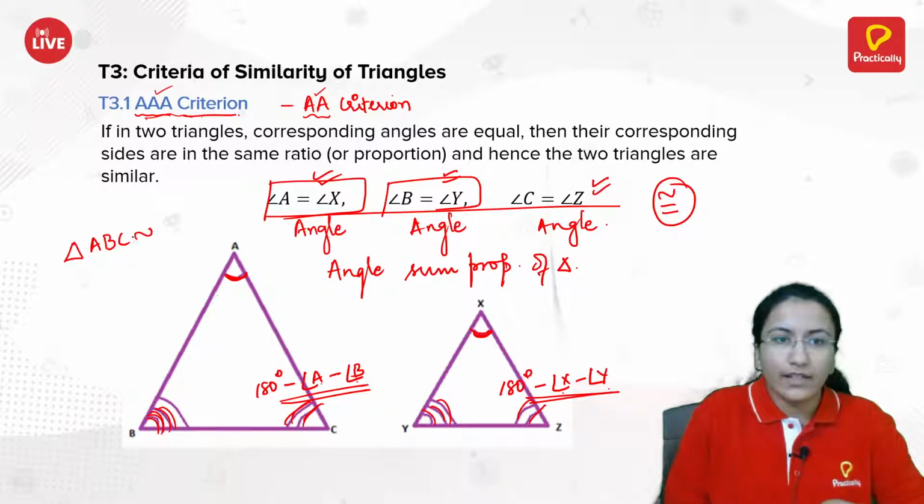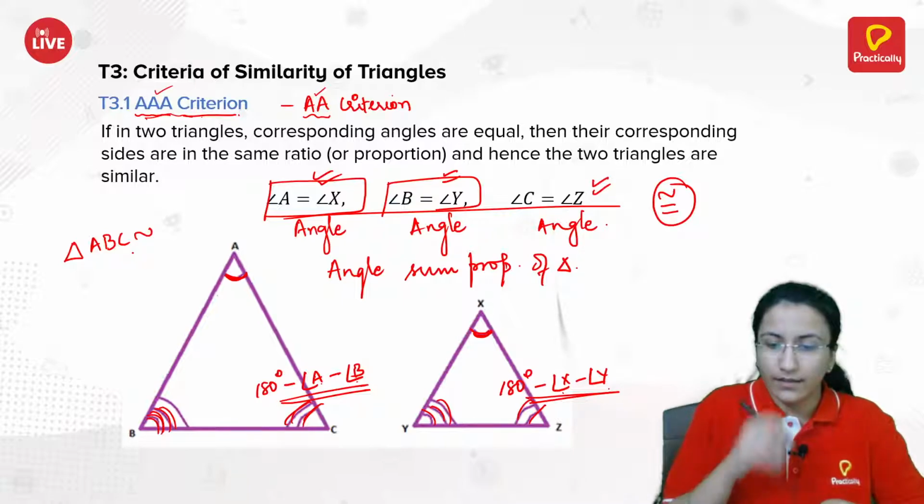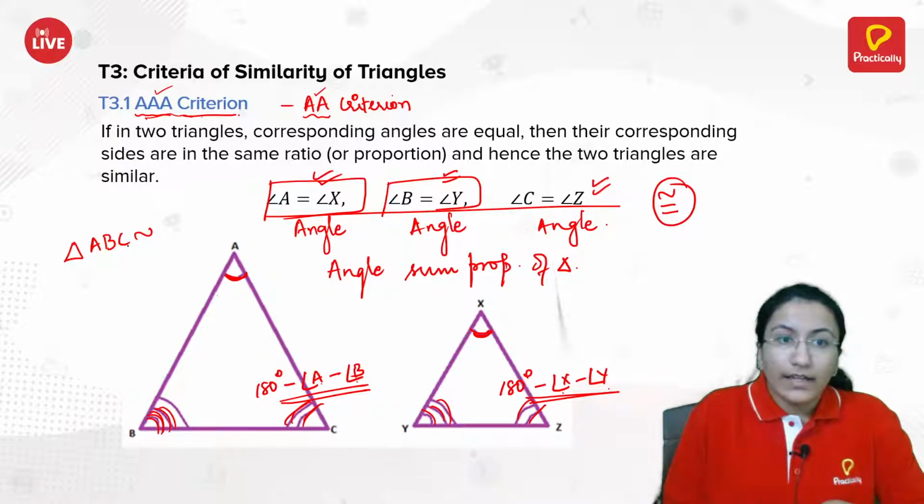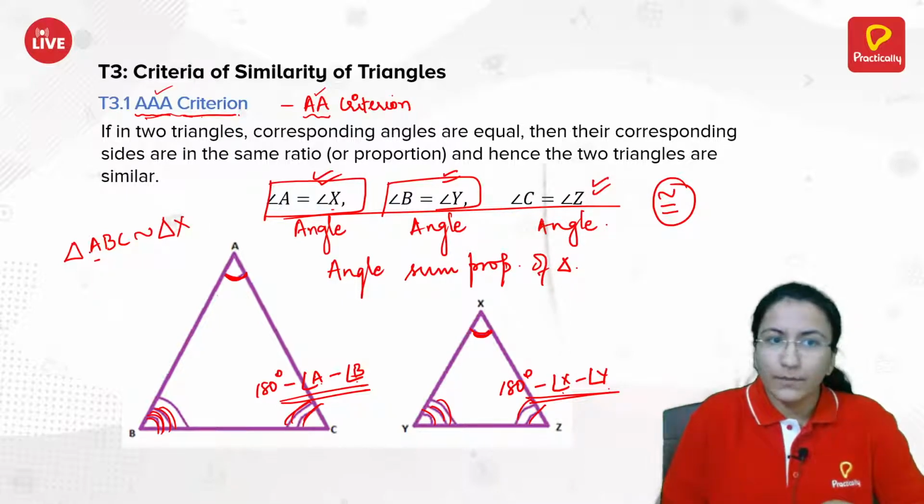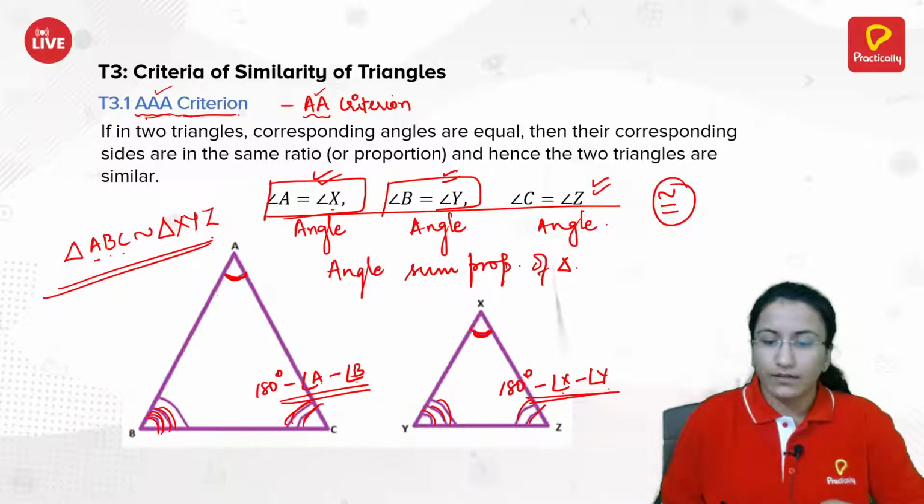In similarity, you just put this tilde sign, okay? So triangle ABC would be similar to, instead of A you will write X, because A is equal to X. Now B would be replaced with Y, and C would be replaced with Z. So these two triangles are similar.